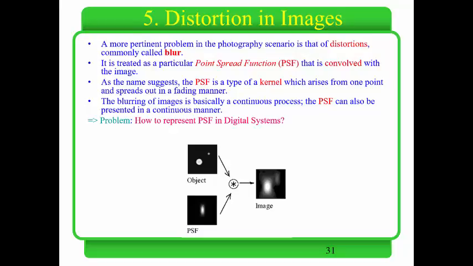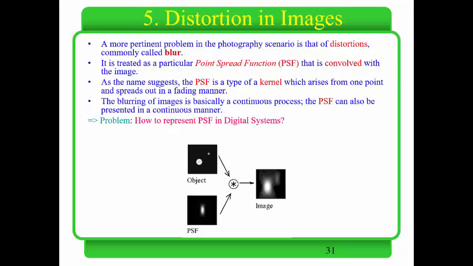Right? So, for example, here we say that a more pertinent problem in photography scenarios is that of distortions, commonly called blurring, which is when the image is shaky. And it's treated using something which is called point spread functions.